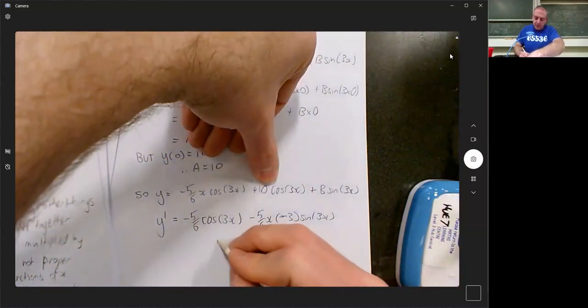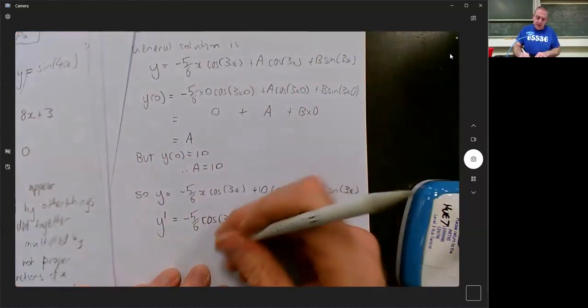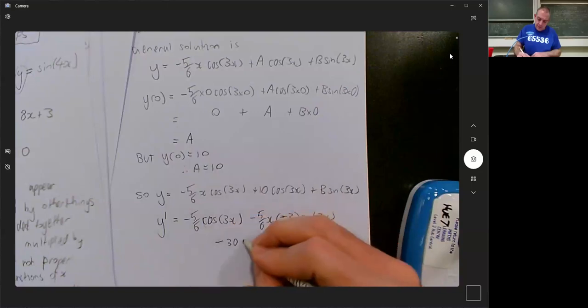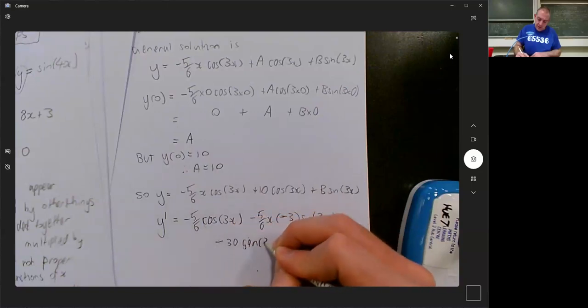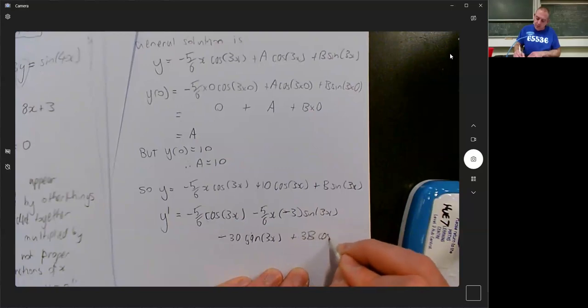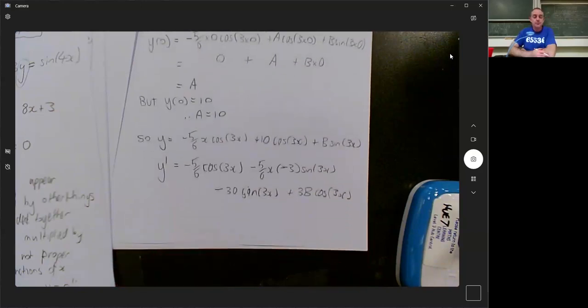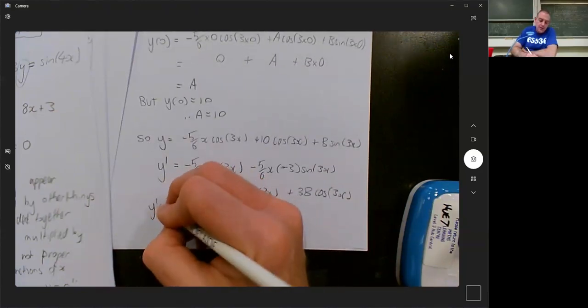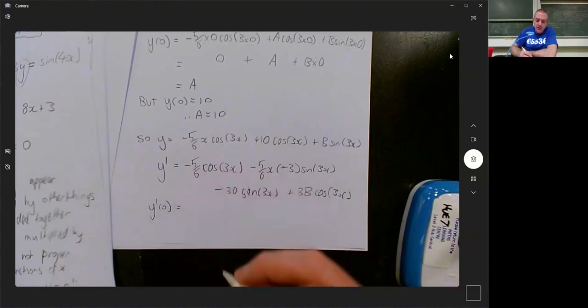I'll differentiate this, which will be minus 30 of sine of 3x, and this one will be 3b cos of 3x. So that's the derivative. And y dashed of 0 is supposed to be 3, so let's sub in 0.